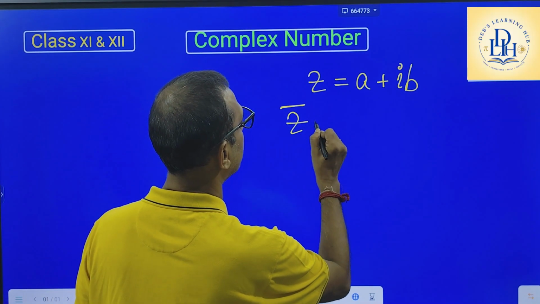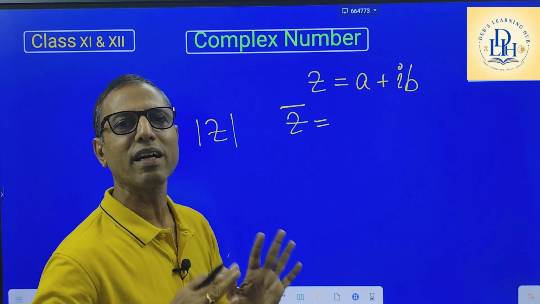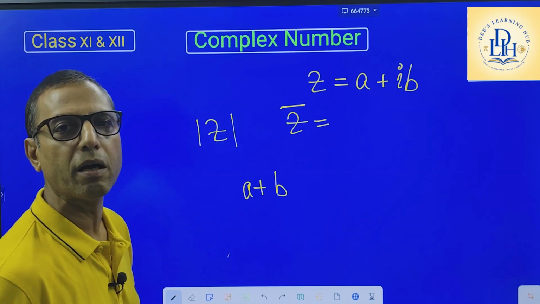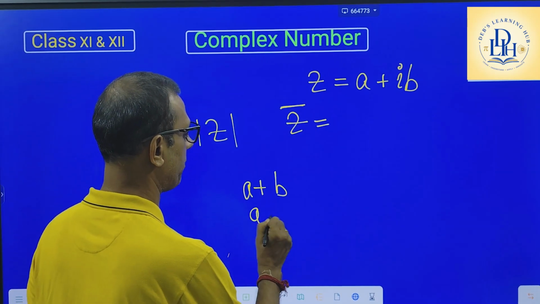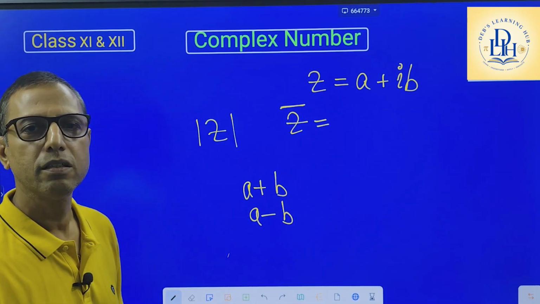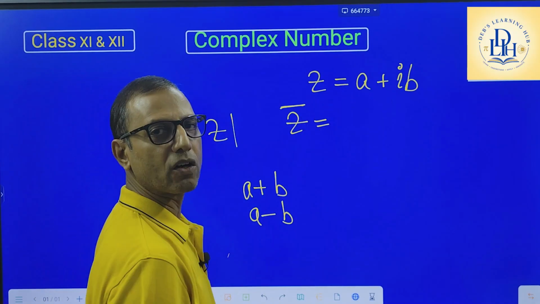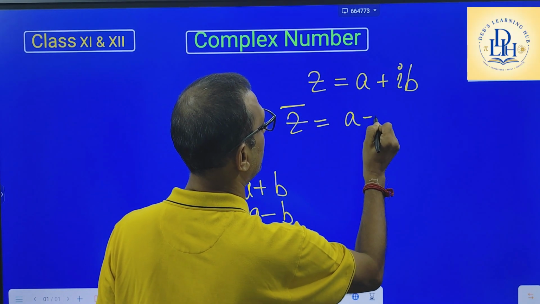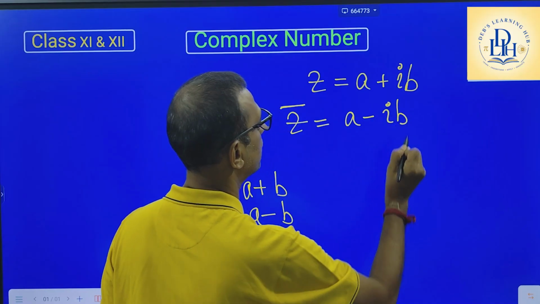So what is the conjugate number of a plus ib? That means a minus ib. So the conjugate of the complex number a plus ib is equal to a minus ib.